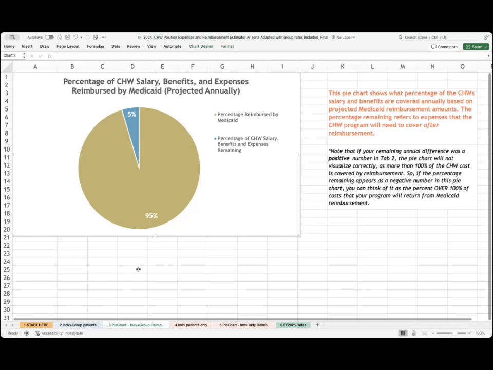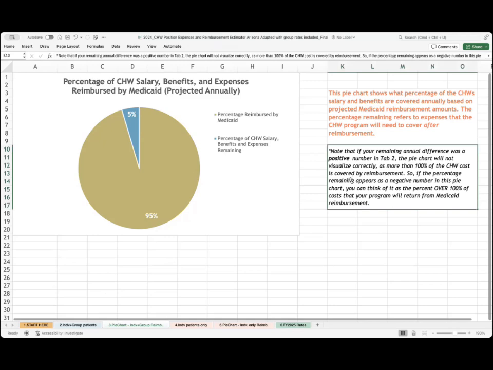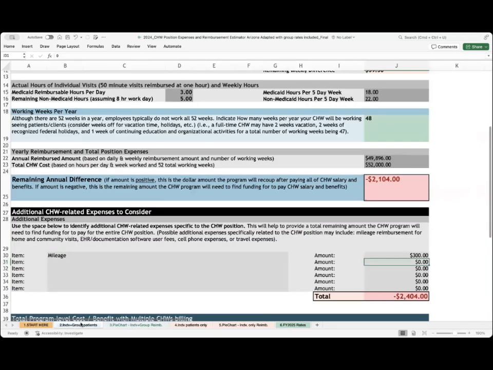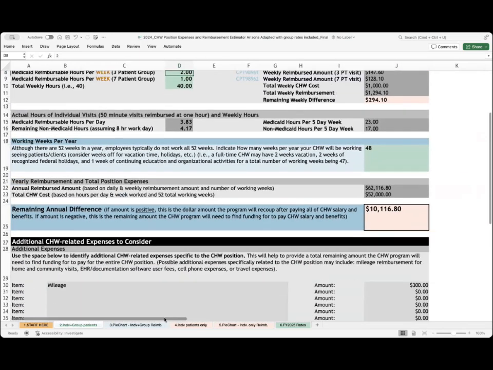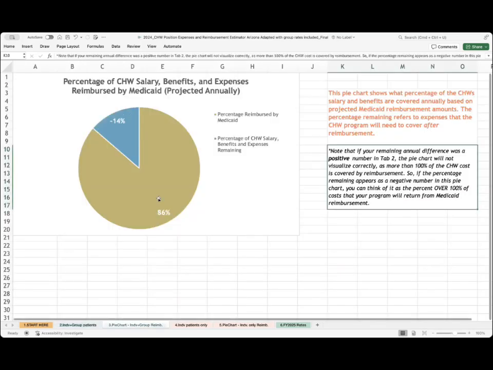I'm going to explain this note here about the positive number possibility. So let me just show you, if we see just a couple more patients, let's say we do 4 hours a week of Medicaid reimbursable work with individual patients, then we see our number here of the remaining difference is a positive number, which means our pie chart gets a little funny, because what happened is that in our estimate, 100% of the physician cost was covered through reimbursement.